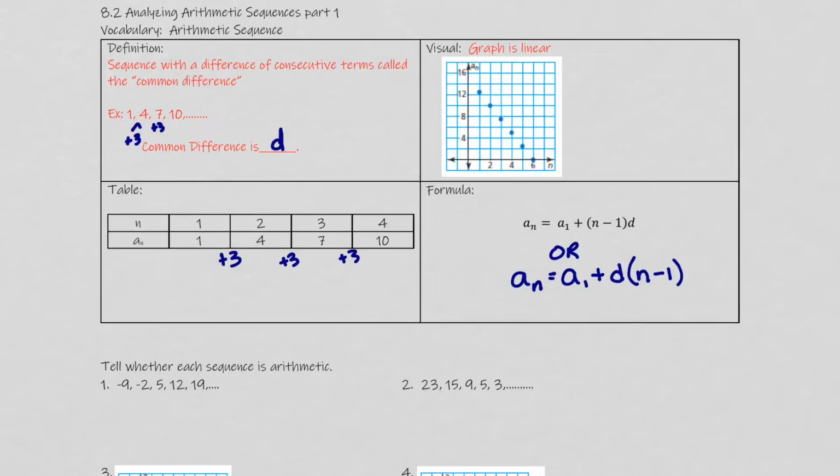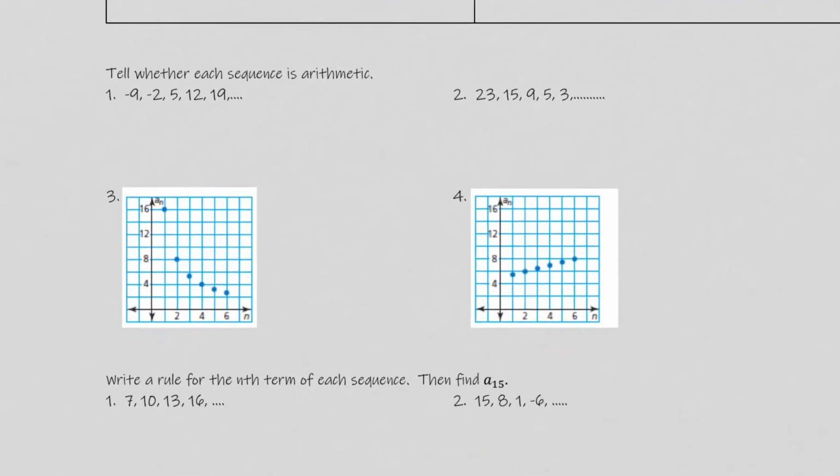So let's determine whether these sequences in 1 through 4 are arithmetic or not. Remember, arithmetic means we want to see if I'm adding a number every time. So if I take the second number and subtract the first number, in this case -2 minus -9, I see that I added 7.